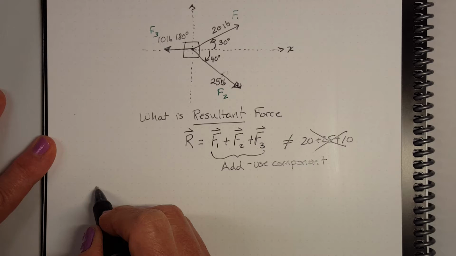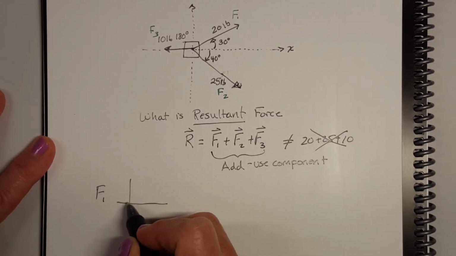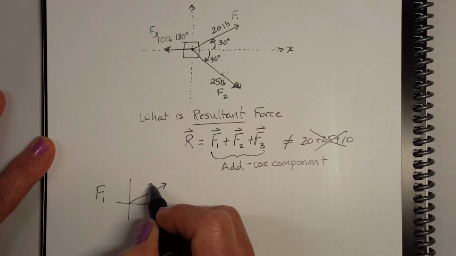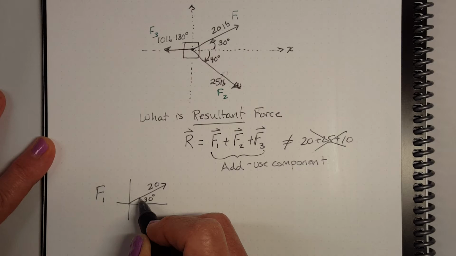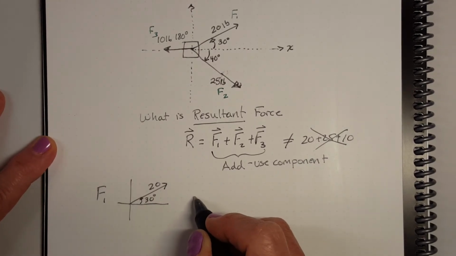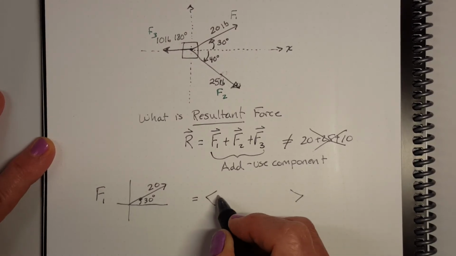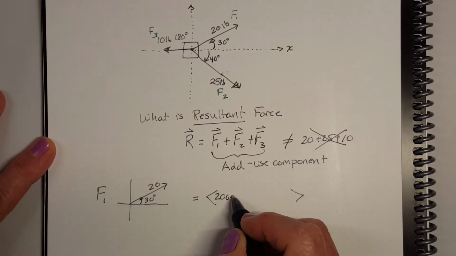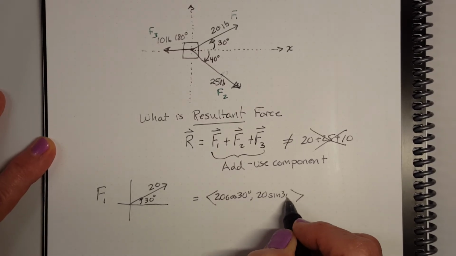So if we look at F1, and I'll just draw it by itself to keep track of it. F1 is 20 pounds, that's the magnitude, at an angle of 30 degrees from standard position. So using my formula, I can say that the component form of F1 is going to be 20 cosine of 30 and 20 sine of 30.